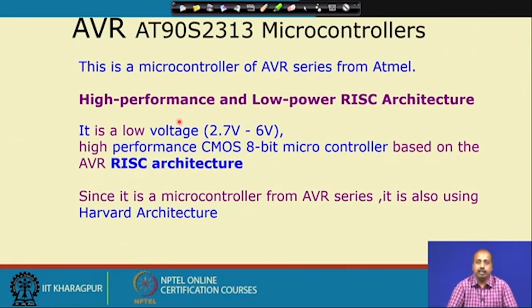On the other side, you may want the performance to be good and not mind giving some more power, so you can operate at a higher voltage. It is a high performance CMOS 8-bit microcontroller, built on CMOS technology and based on the AVR RISC architecture. Since it is a microcontroller of the AVR series, it also uses the Harvard architecture.